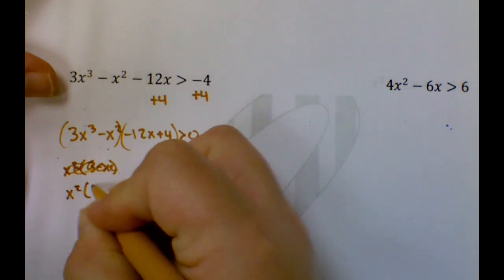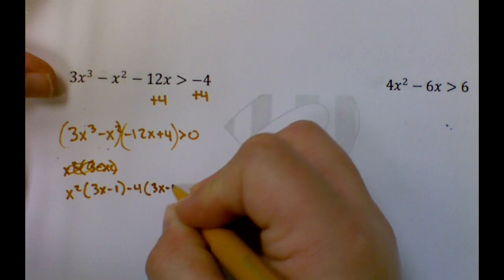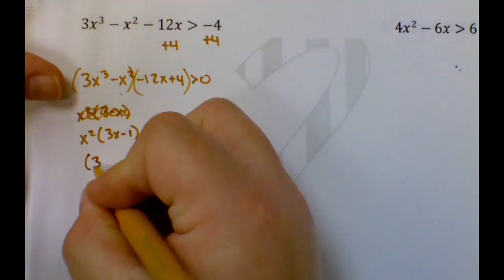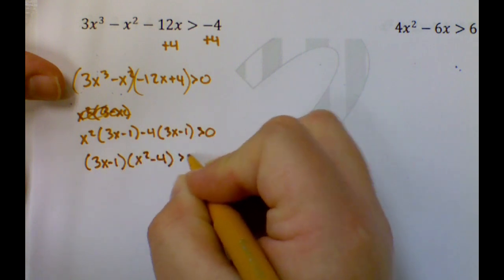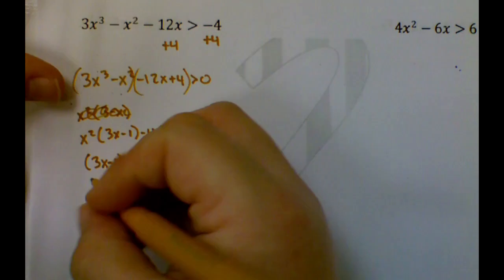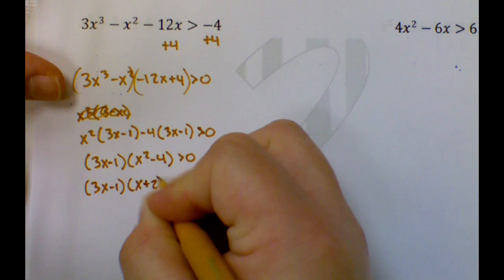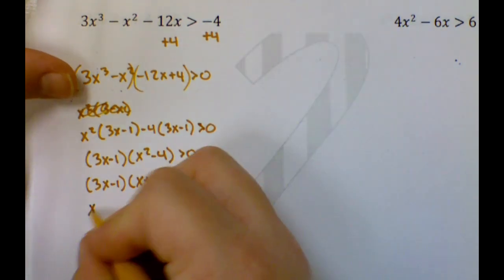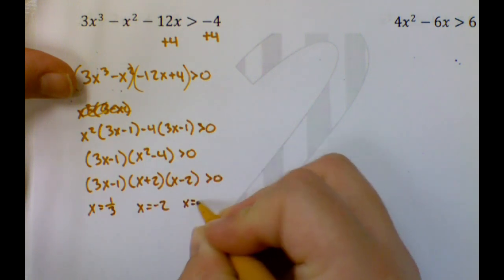Take out an x squared, leaving me 3x minus 1. There we go. And I'm going to take out a minus 4, leaving me 3x minus 1. And then to fully factor, I have 3x minus 1 times x squared minus 4. Well, x squared minus 4 can factor again.